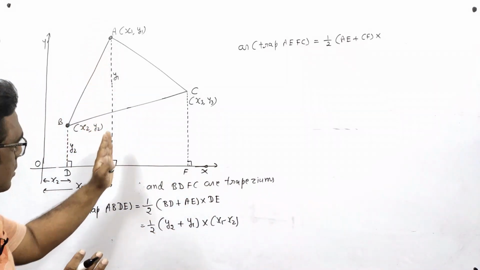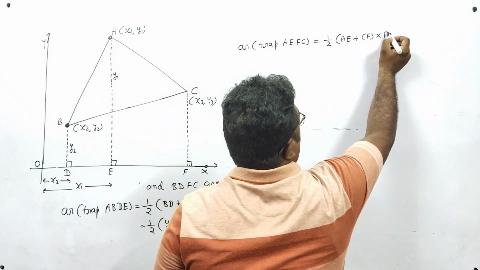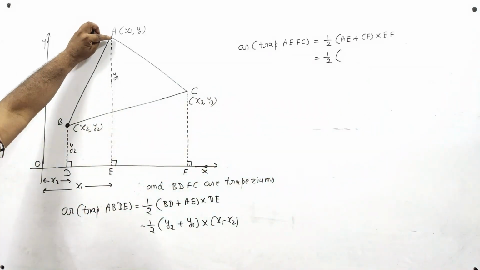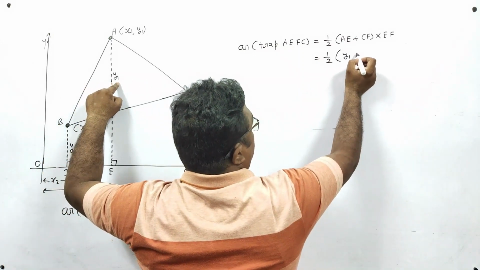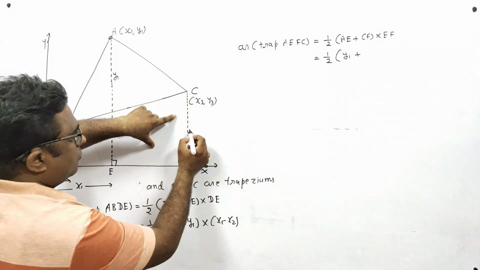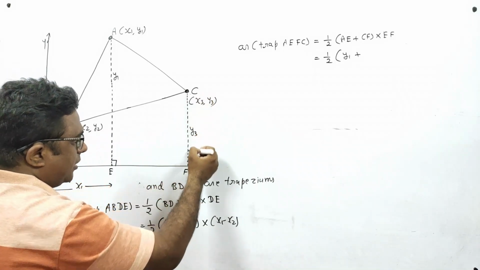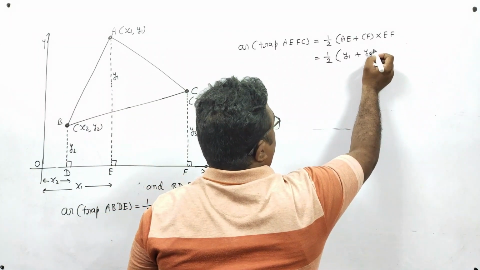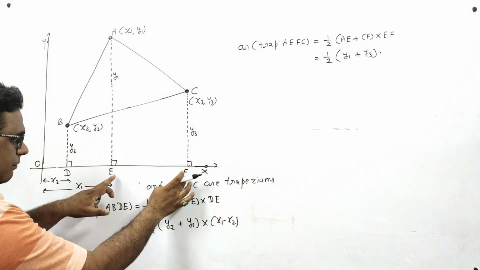So one parallel side is this, the other parallel side is this, so the height will be EF. Let us put their values. So half AE, AE is this height y1. CF is this much, which is actually y3, because the coordinates of point C are x3, y3. So it will be y3, and from here till here it will be x3. So y3 will come here into EF. EF is this, and how will I find EF?